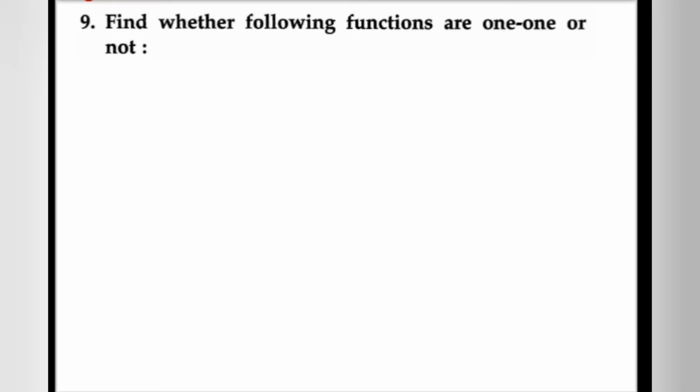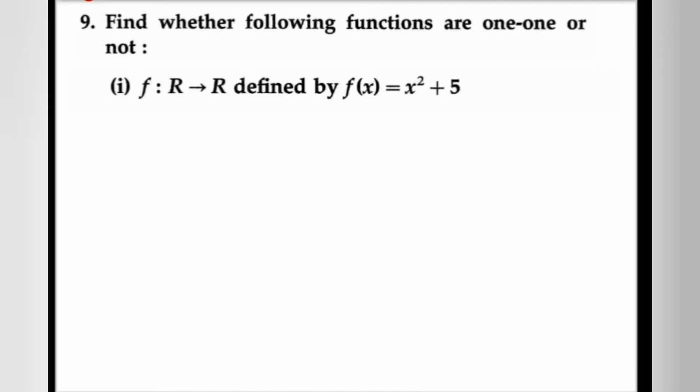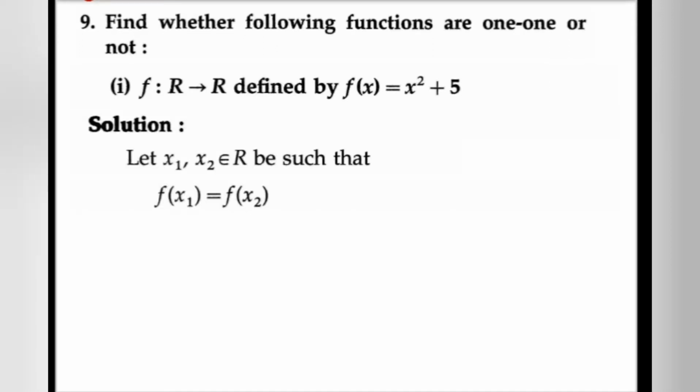Question number 9. Find whether the following functions are 1-1 or not. Number 1. Function from R to R defined by f of x is equal to x square plus 5. Solution. Let x1, x2 belong to R such that f of x1 is equal to f of x2.